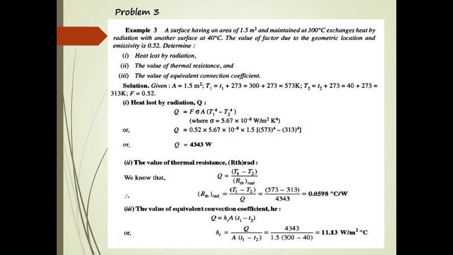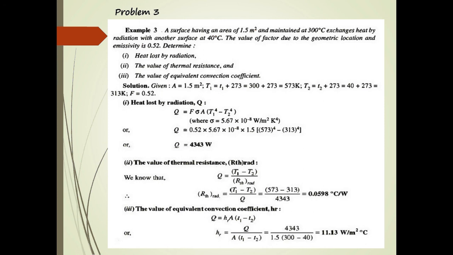So Q is equal to F value 0.52, sigma value 5.67 into 10 raised to minus 8, area 1.5, temperature T1 is 300, convert it in Kelvin, that is 573 raised to 4, and temperature T2 is 40 degrees centigrade, convert it in Kelvin, that is 313 raised to 4. We will get Q is equal to 4343 watt.